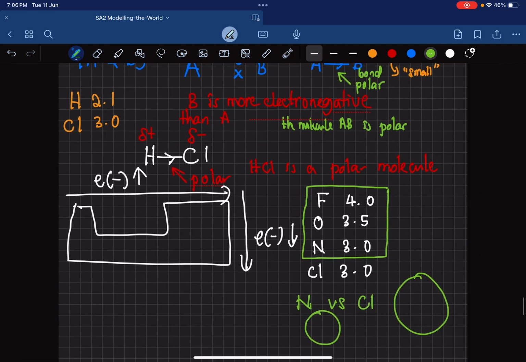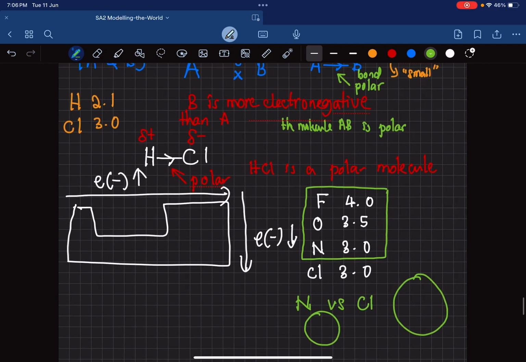As the electronegativity changes, the polarity also changes. But as far as you are concerned, if there are 2 different atoms, the bond is polar.